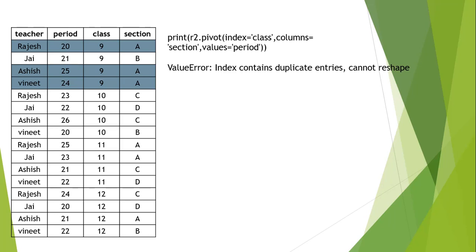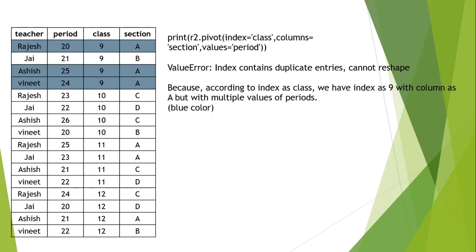How do we pivot them? That is the problem for pivoting. If we have multiple entries for the columns of the data, the pivot fails. That is a demerit of pivot, because it is not able to judge which value to take: for 9th it has three values, 20, 25, 24. So which value can be shown here? That is the problem.